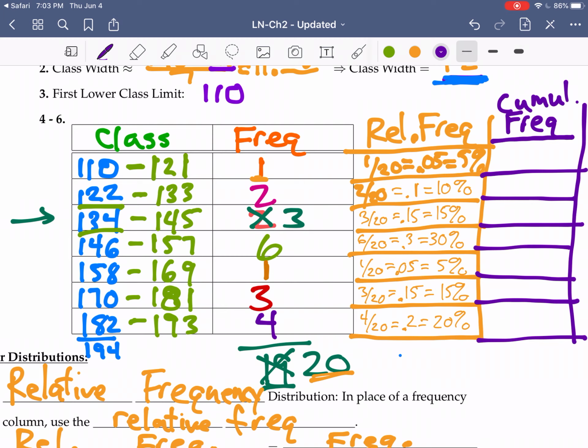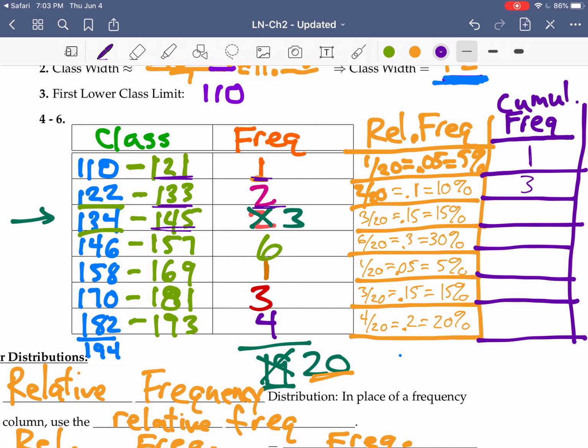So here, up through 121, the upper class limit of our first class, there has been a frequency of 1. So cumulatively, there is 1. Up through 133, the upper class limit of the second, we have these two plus the 1 from before, so we've cumulatively had 3.